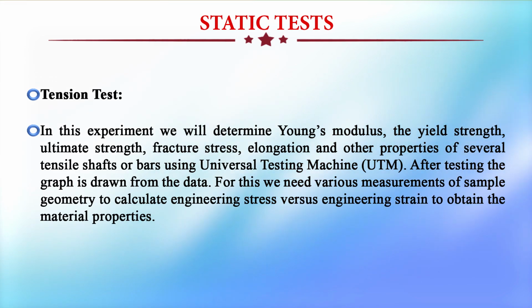After testing, a graph is drawn from the data. For this, we need various measurements of sample geometry to calculate engineering stress versus engineering strain to obtain the material properties. So why do we conduct all these tests? To get the material properties.